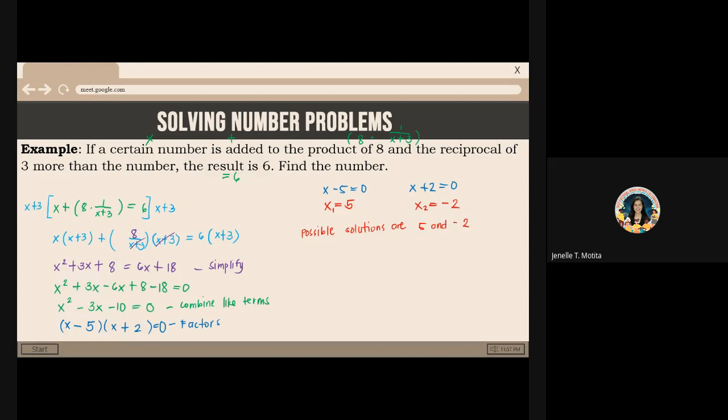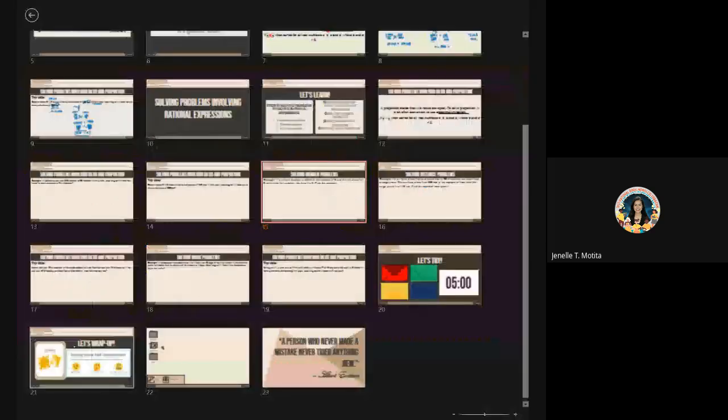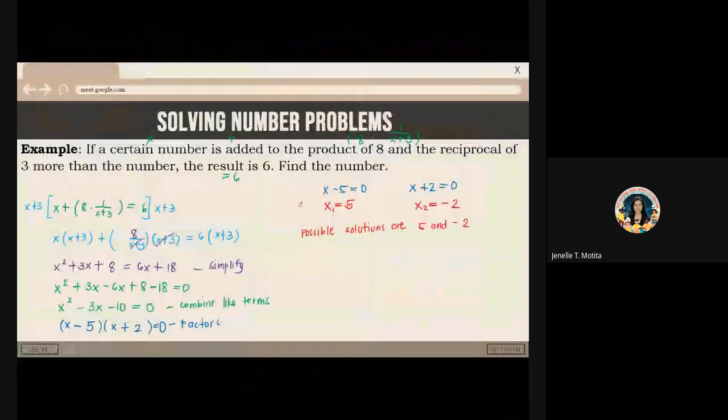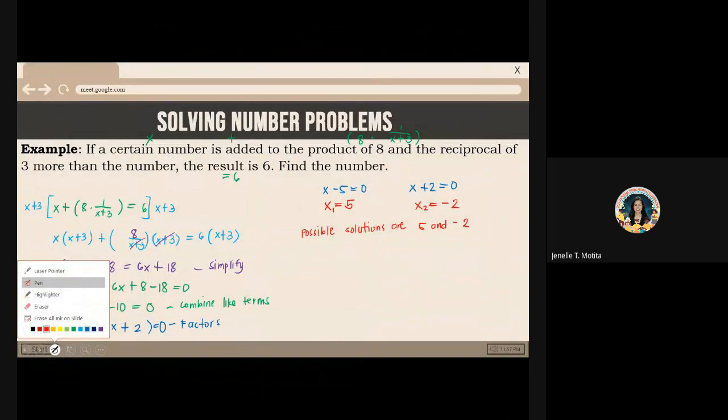So to check if our answer is correct, let me have another color. Okay, let's have the checking. Let's just substitute the value of our x in our equation. We got x plus 8 times 1 over x plus 3 is equal to 6.